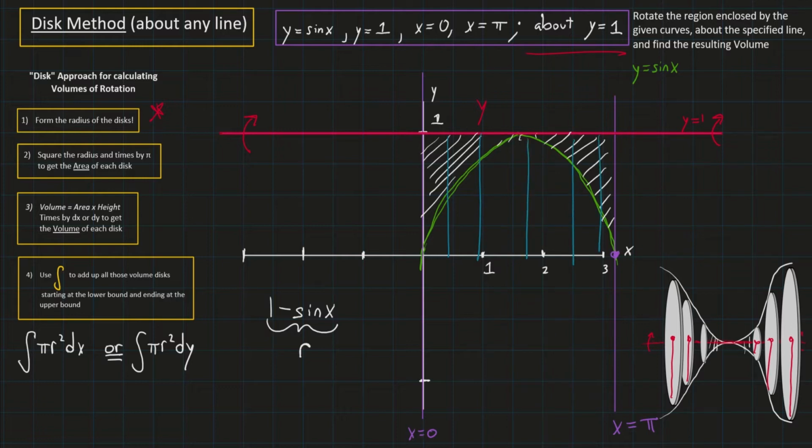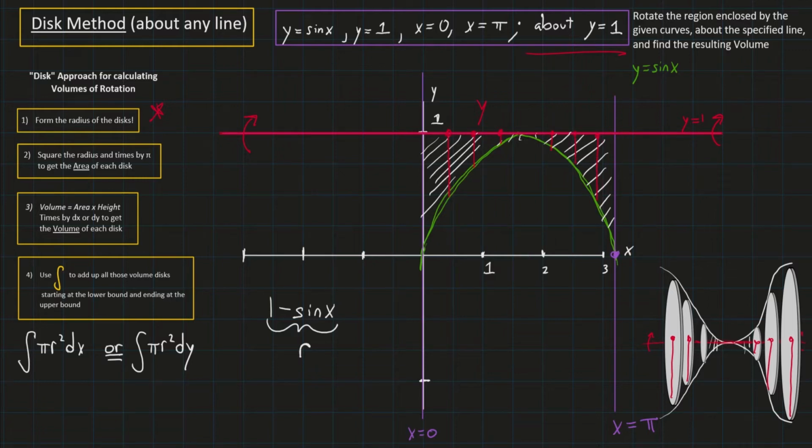I've got to subtract the y coordinate that sine of x is giving me, and as a result of doing that subtraction, I'll get this in-between distance here, which is the r that I need. So it gets kind of tricky. We really have to craft this math together to give us what we know we need. Forming that radius is often the hardest part of these problems.